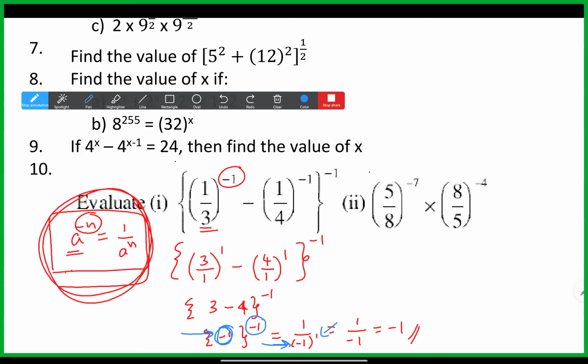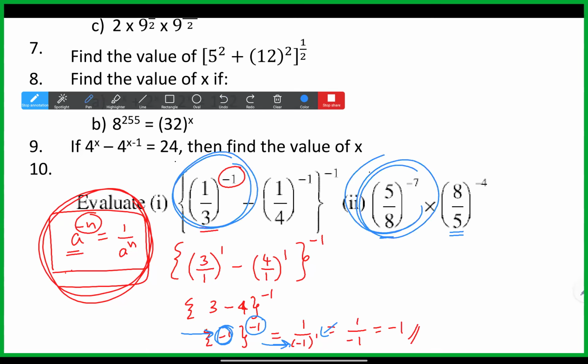The next one. Can you observe and tell here which law we can use? Because you can see bases are different, powers are also different. Yes or no? Yes, sir. But what we can do is, can you make this power positive, like how you did for this?